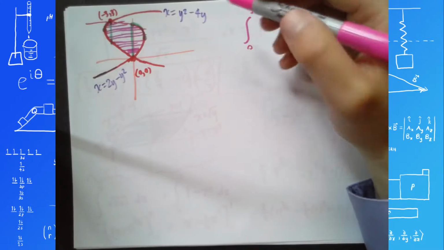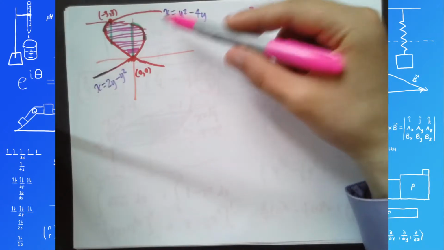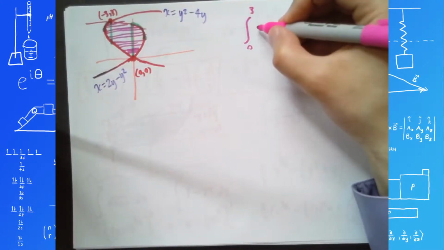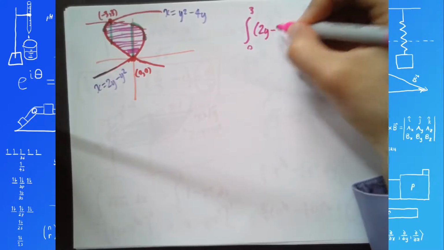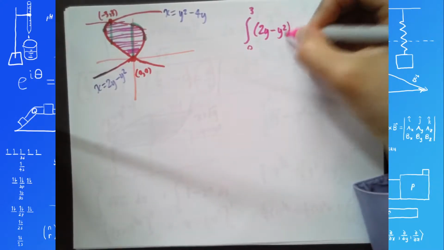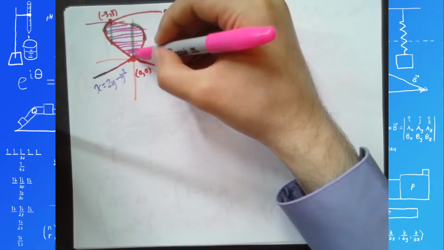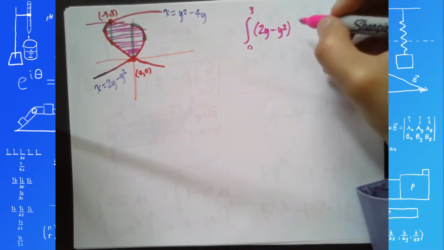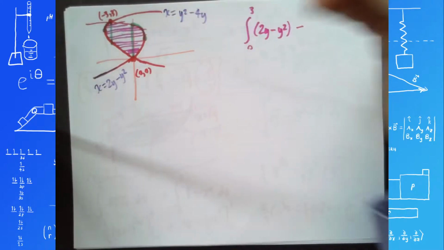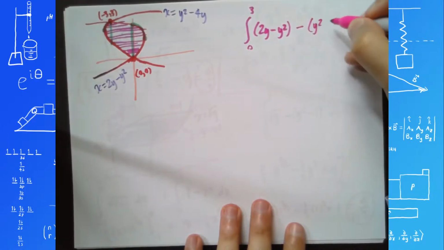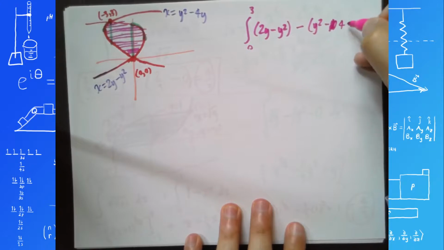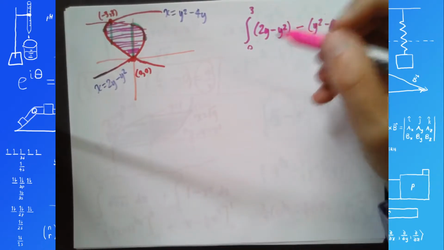And then we're doing x right minus x left. So 2y minus y squared is further to the right, at least for the section we're concerned with, minus y squared minus 4y. Whoops. Thinking ahead here, maybe too far ahead.